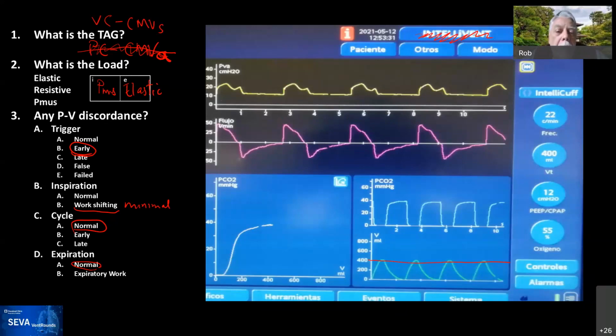You can have a perfect rectangle or perfect triangular shaped flow waveform coming out of the ventilator, but because of the way the flow sensor works and the fact that the patient can suck extra flow from the compressible volume in the circuit, the displayed measured waveform is always going to be different than the delivered waveform for a patient that has PMS. Excellent. Perfect. Thank you, Roberto.